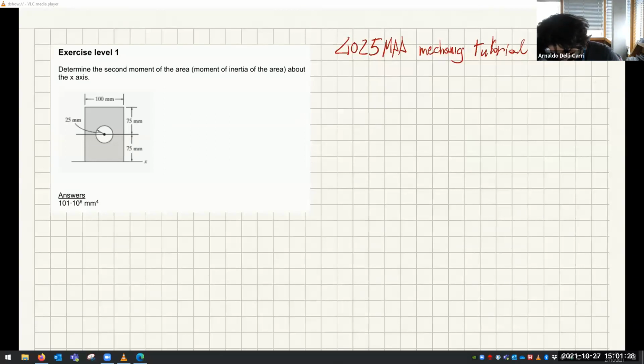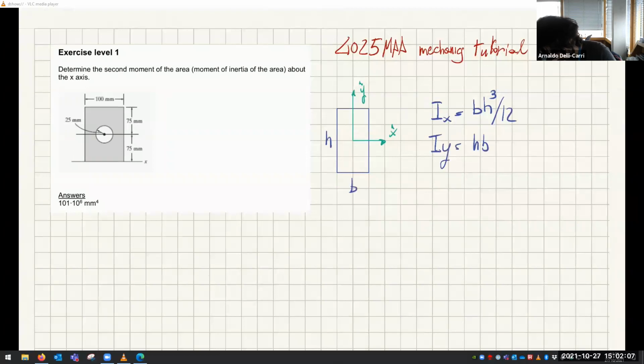So for rectangles, where you might have the x-axis in this direction and the y-axis in this direction, you have that Ix is bh cubed divided by 12, where this is b and this is h, and Iy is, of course, hb cubed divided by 12.